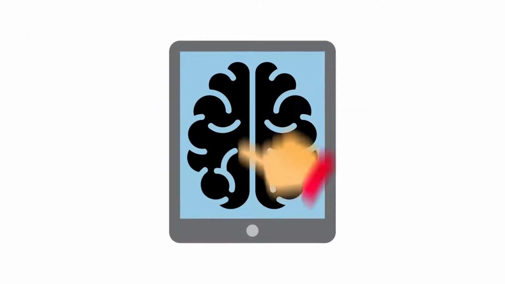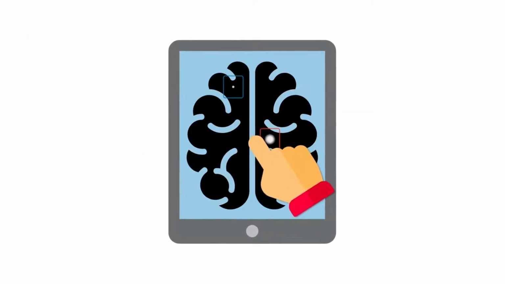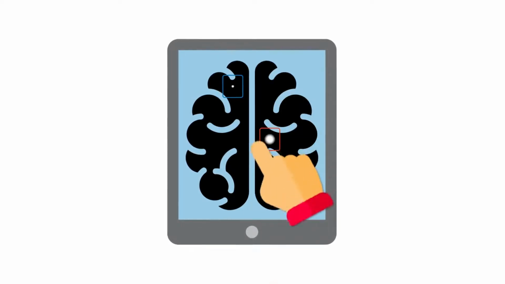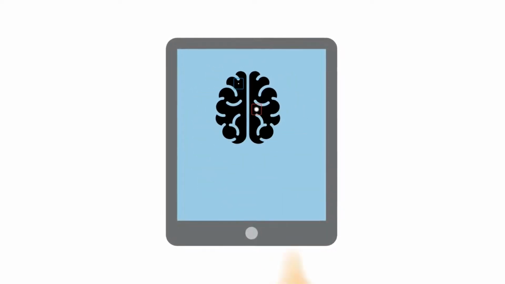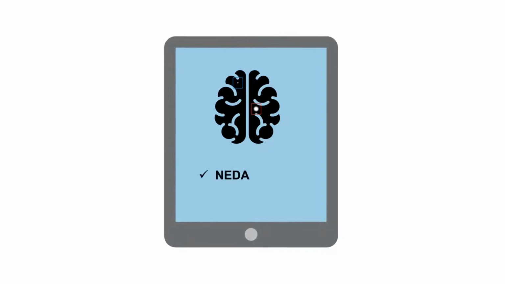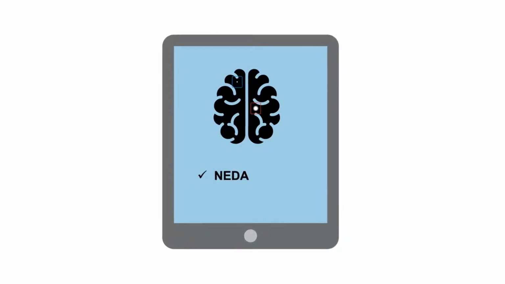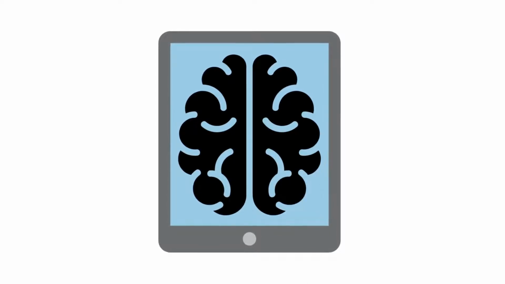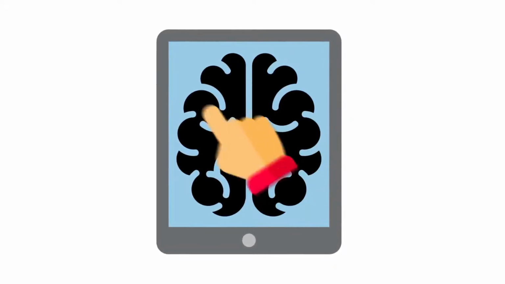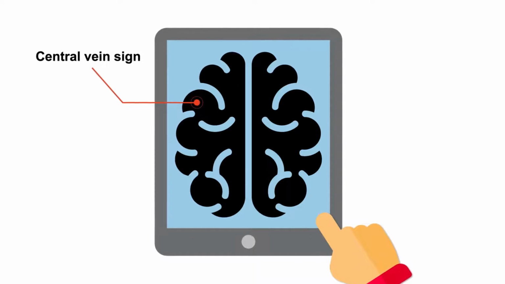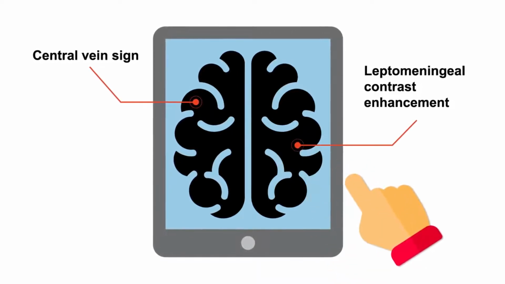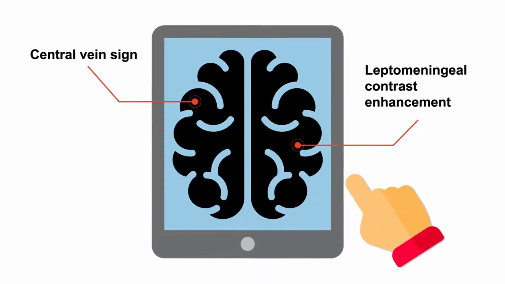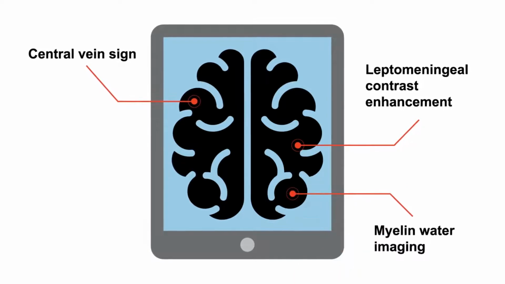New advanced MRI assessment techniques currently under investigation include measurements of slowly evolving and paramagnetic rim lesions, and assessment of brain volume as a measure of no evidence of disease activity and atrophied lesion volume. MRI biomarkers measuring disease activity and progression include the central vein sign for diagnosis, leptomeningeal contrast enhancement to monitor inflammation, and myelin water imaging to assess myelin loss.